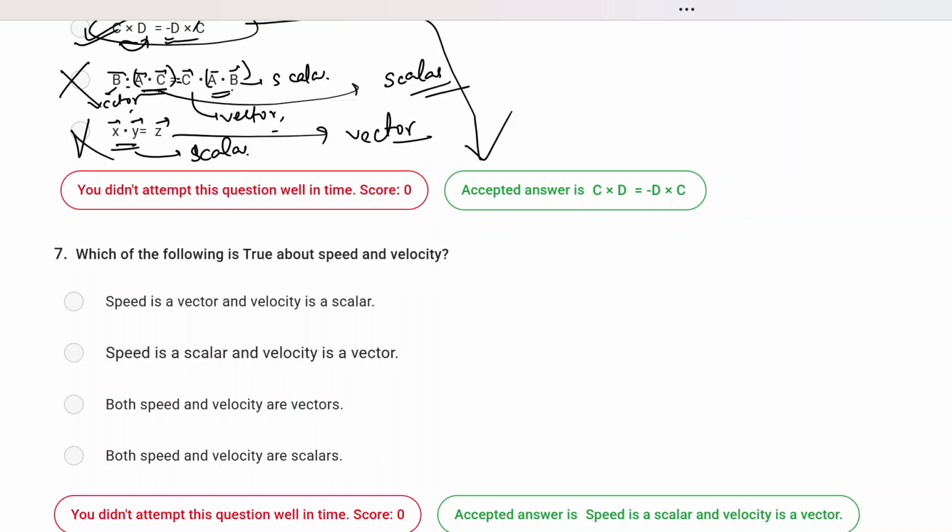Let's say you say that this ball is thrown in the direction of some x cap plus y cap, or in simple terms, this ball is thrown to the north with a velocity of so many kilometers per hour. So then it has a value plus a direction.